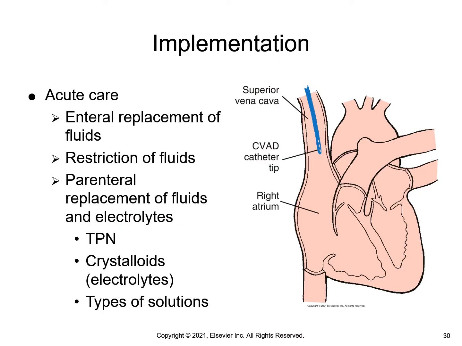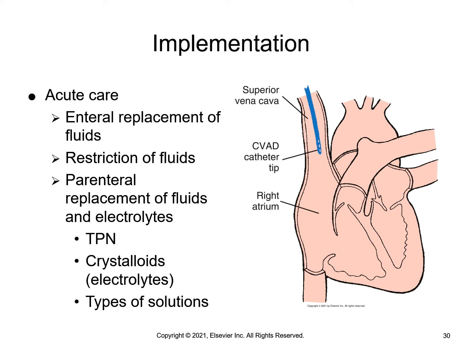Central venous lines deliver intravenous fluid into the superior vena cava near the heart. This is known as a central venous access device. Acute care nurses administer medications, oral and IV fluids to replace fluid and electrolyte deficits, or to maintain normal homeostasis.